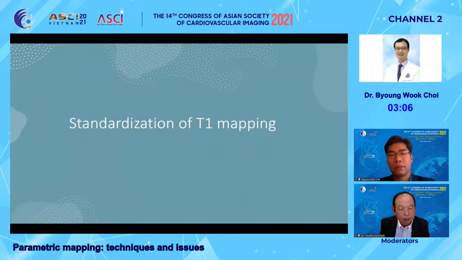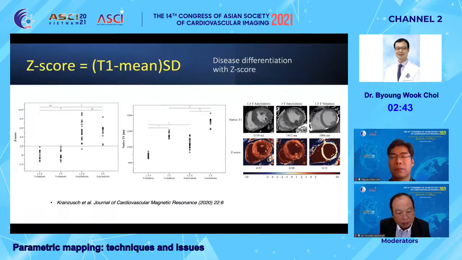According to general consensus recommendations published by SCMR, mapping results should include the numerical absolute value, the z-score, number of standard deviations by which the result differs from the local normal mean, and the normal range of the CMR system. The z-score is for standardization.